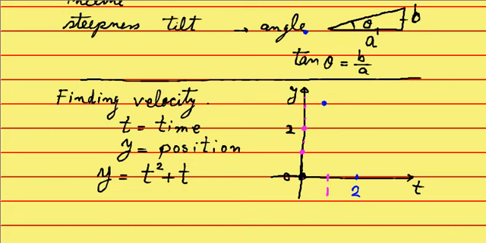Now, a convenient way of showing what is happening is to graph y versus t. That is, I find the point with coordinates 1 and 2, and the point with coordinates 2 and 6, and graph the whole thing. So I'll have this particular picture.